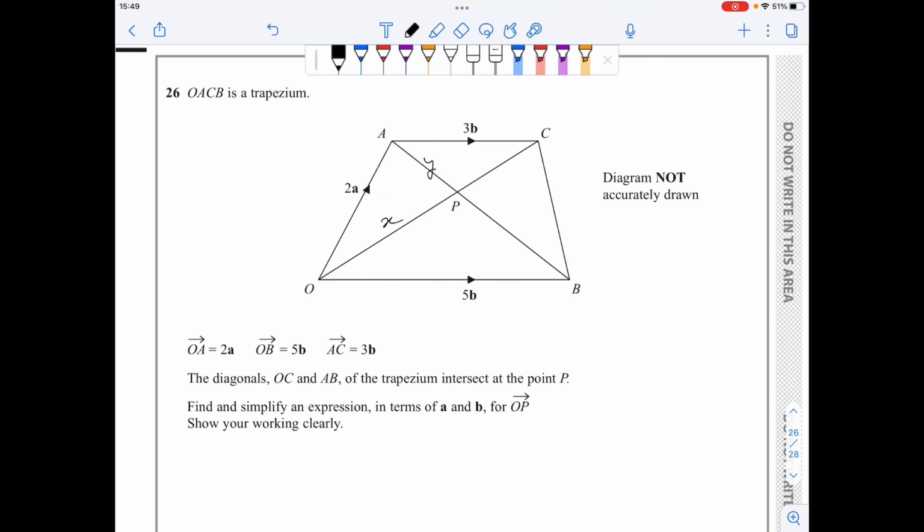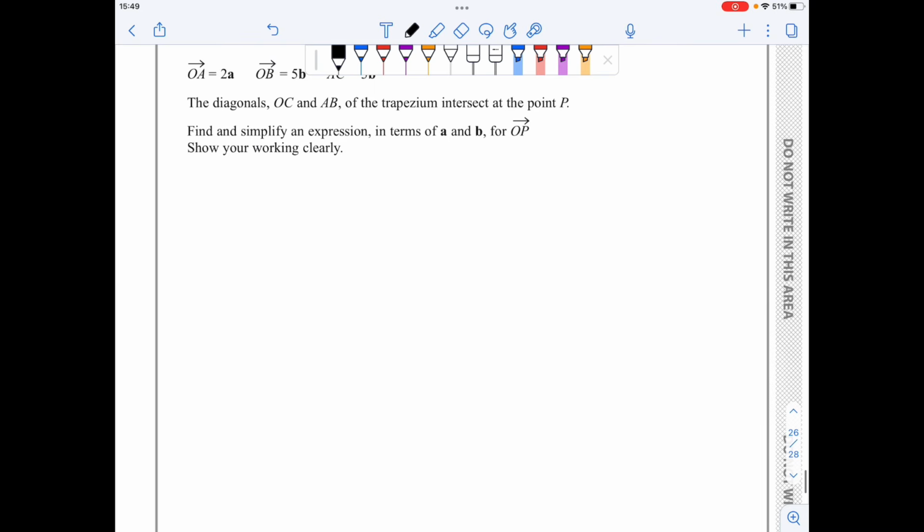So the strategy here is to find two different ways for the same vector. I'll use OP as my vector, and I'll use two different routes. One will be the direct route from O to P, and the other one will be from O to A and then A to P. So let's begin.